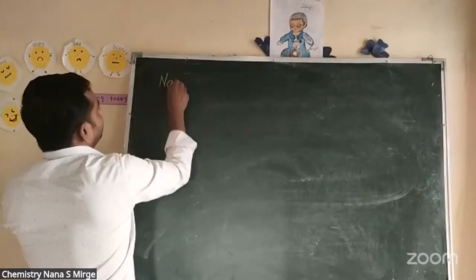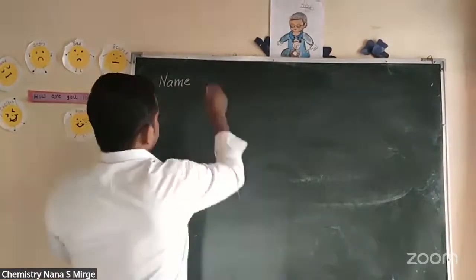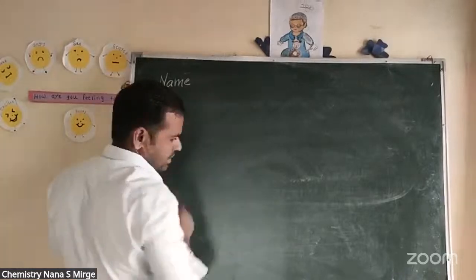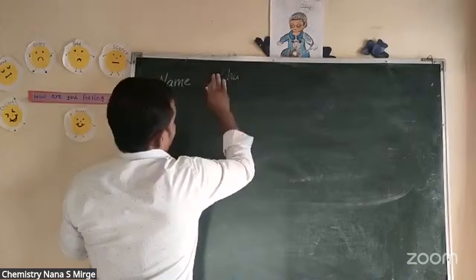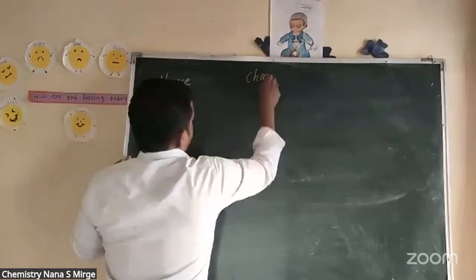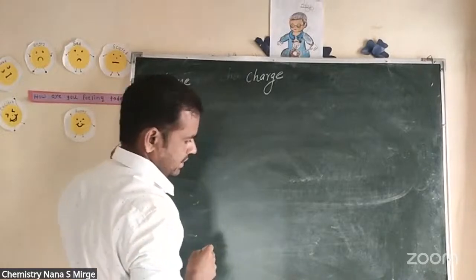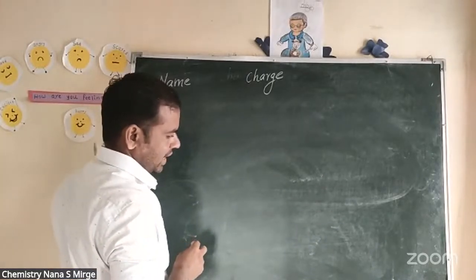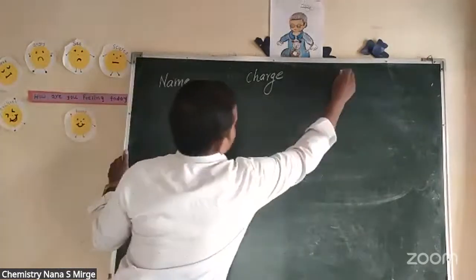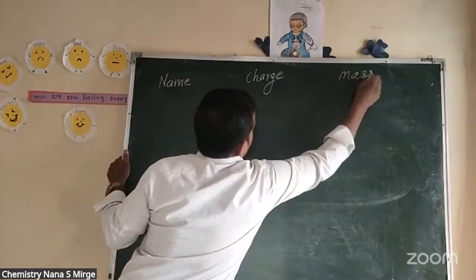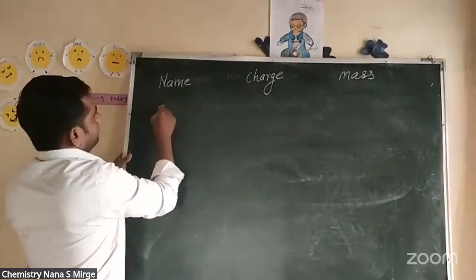Make a table with columns for name, charge and mass. The first one is electrons.